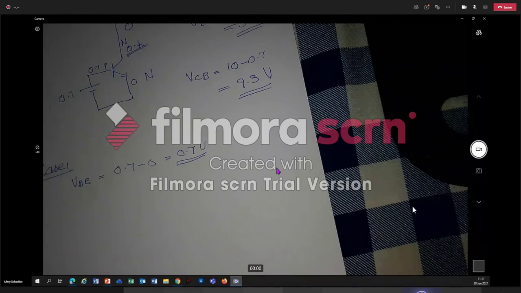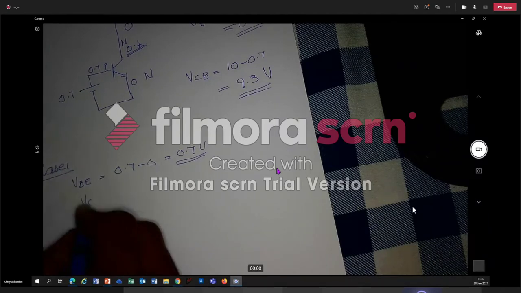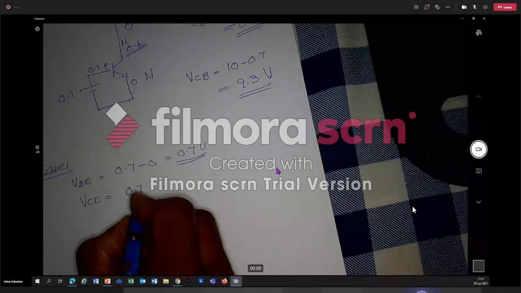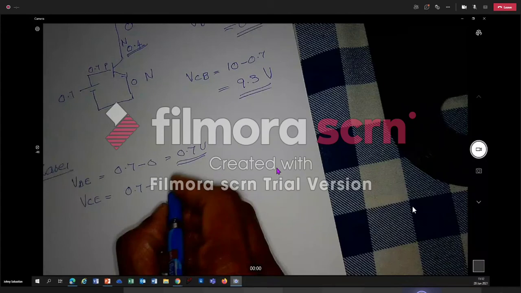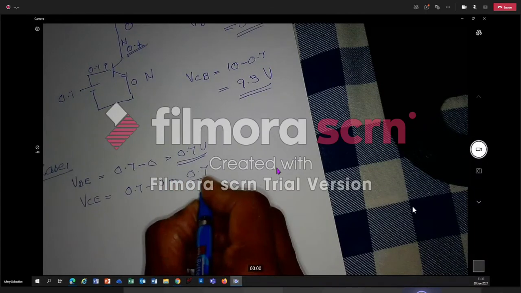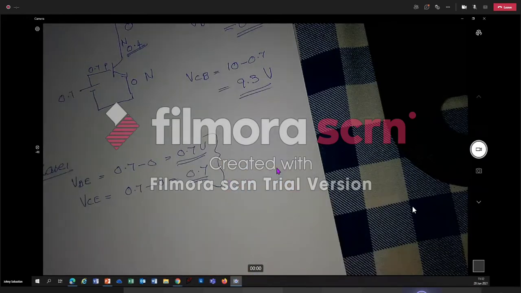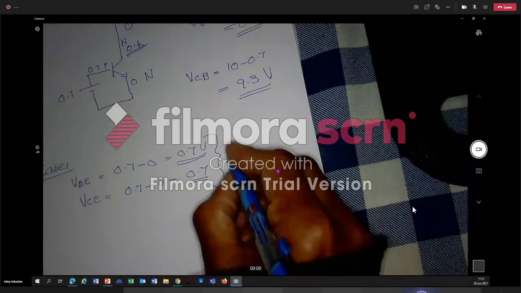We need to verify VCE. Voltage at the collector is 0.7 and voltage at the emitter is 0. You get 0.7 volt. This is VBE 0.7 and VCE greater than 0.2. Definitely this is active.